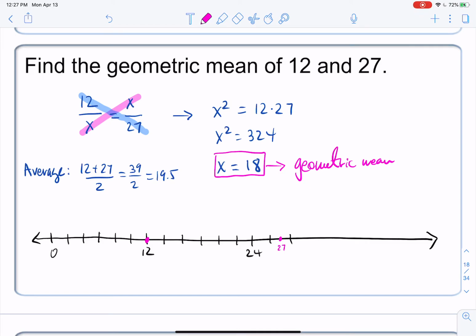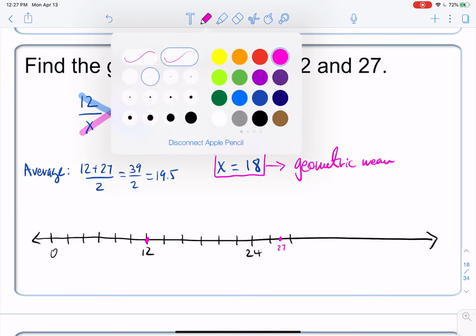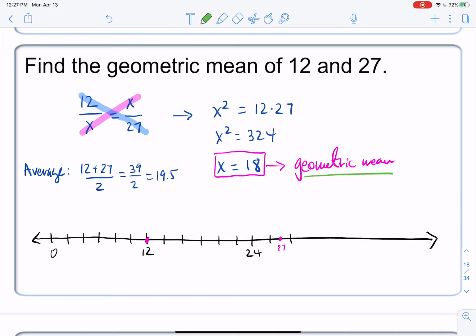And I'm going to put 2 other dots on here. One of them for the geometric mean, which is going to be in green, and it's supposed to be at 18. So 2, 4, 6, 8, right there. So 18, that is the geometric mean. All right, and then perhaps in purple, we'll put 19.5.